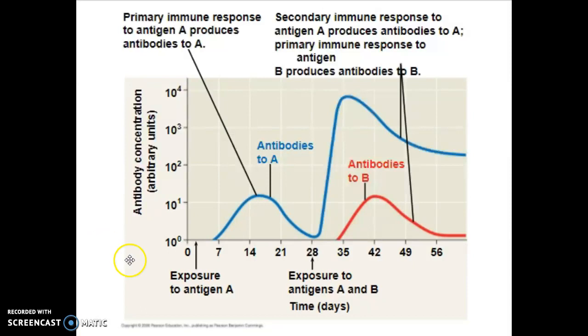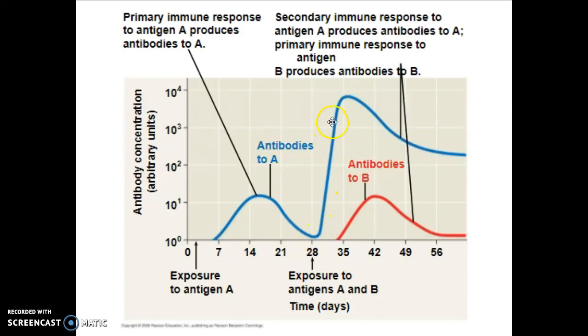If we look here at our graph, now there's a lot going on here. Focus on the A line. So we've got a primary immune response to A. Excuse me, we're initially exposed to it. It takes a few days to build up, almost a week to build up antibodies. Then when we're exposed to A and B, quickly, our lag time is much smaller.